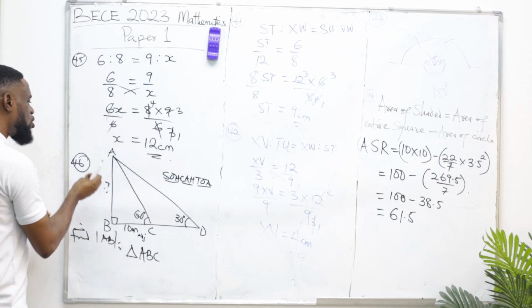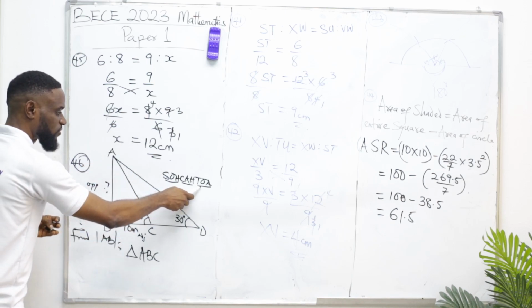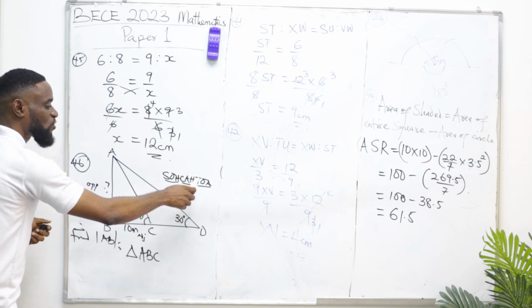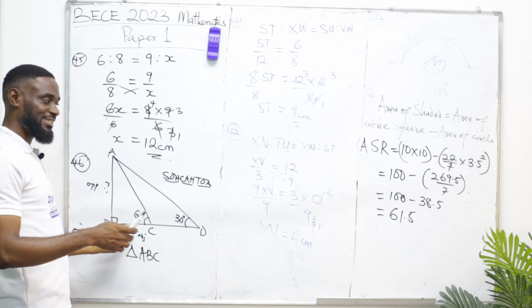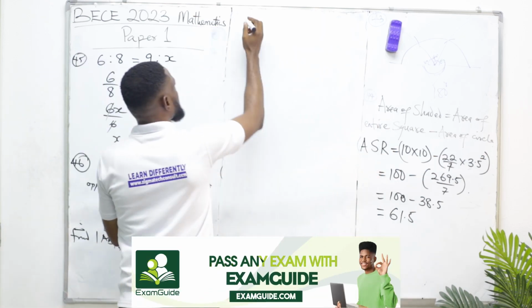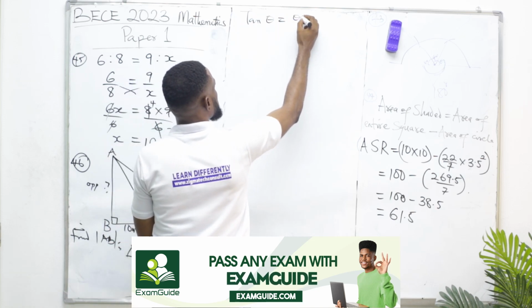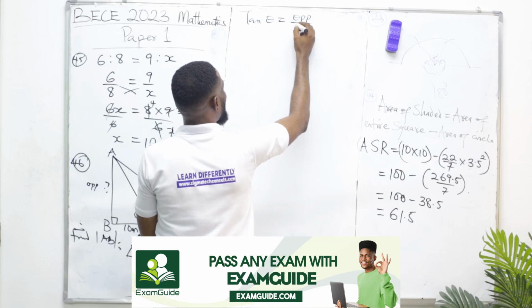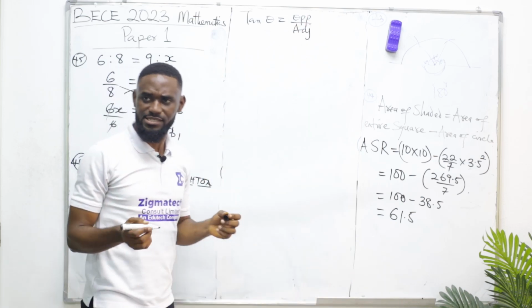So we are considering opposite and adjacent. Tan is used when comparing opposite and adjacent. So we say tan theta is equal to opposite all over adjacent.